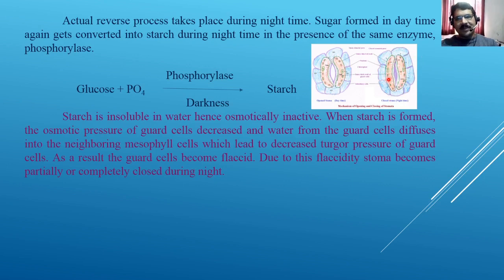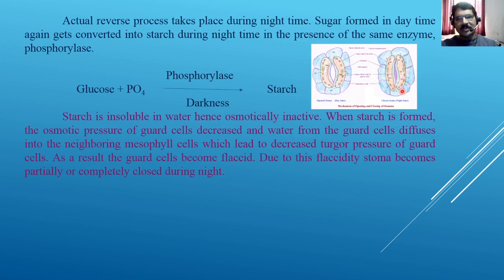So here you can see the actual reverse process takes place. These are again the guard cells, and the sugar which is produced during daytime is converted into starch in night time. Because starch is not soluble in water, the osmotic pressure of these guard cells decreases, and the water from the guard cells goes back into the surrounding mesophyll cells.